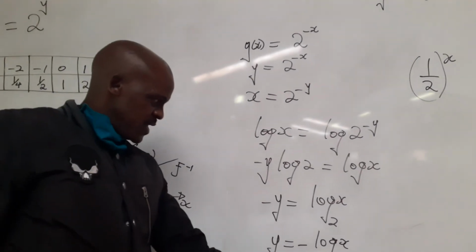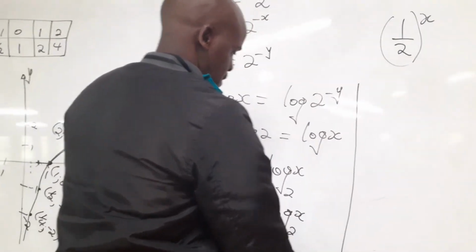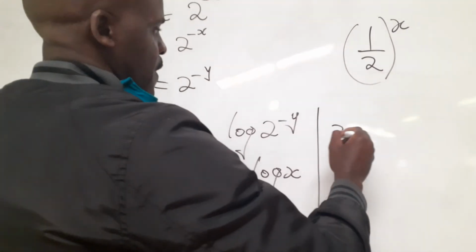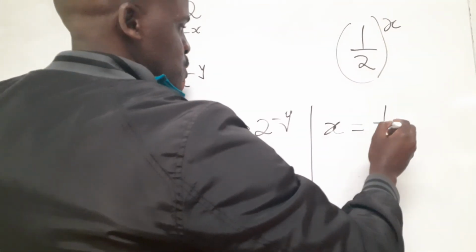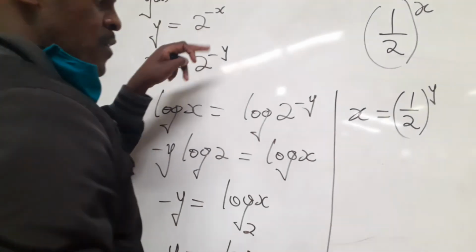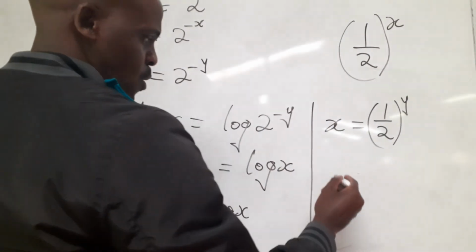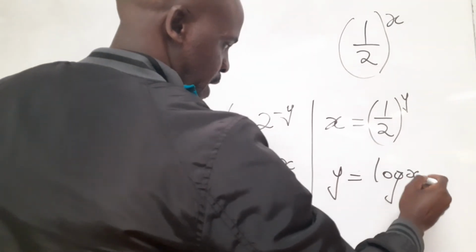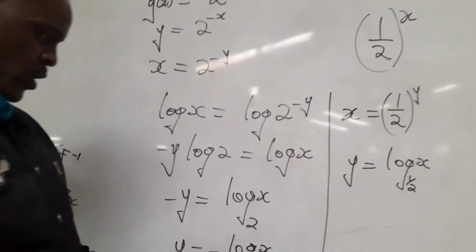So that means this equation can also be written as x is equal to 1 over 2 exponent y. Remember, this is our base, our exponent. So our y will be equal to log x, the base is 1 over 2.